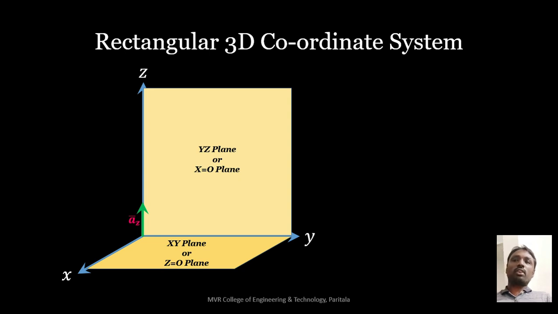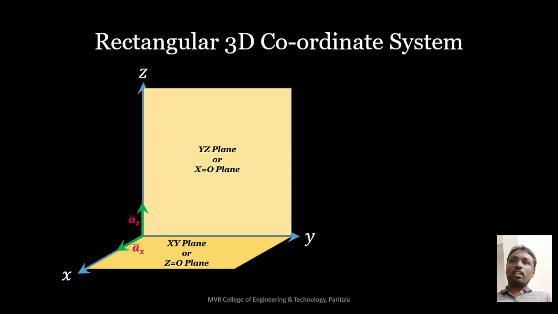What is the direction vector for the x equal to 0 plane? It is ax bar, because the yz plane is always facing the x axis. The plane's facing gives the direction.